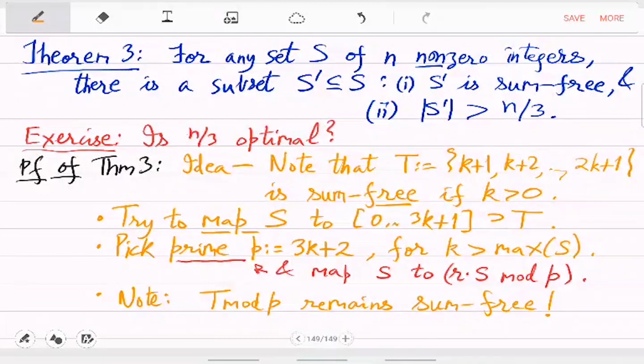It cannot be the case that two numbers in T, that is k plus 1 to 2k plus 1, when you add two numbers, the sum is equal to a third number modulo P. Okay, so what we are saying is even modulo P, it remains sum free. So think about this. This is an important point. Why is this true? With this sequence of ideas, now I hope you are ready to see the formal proof.